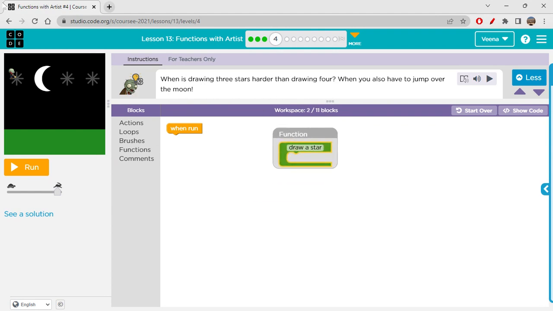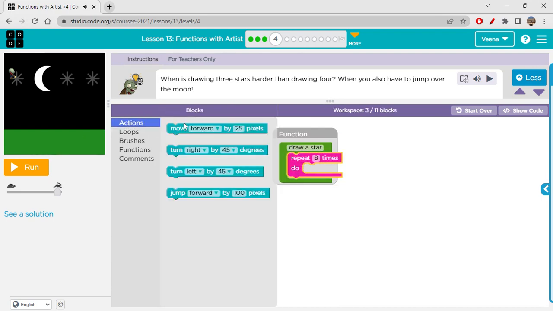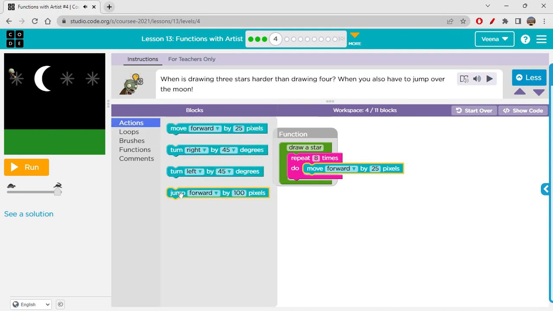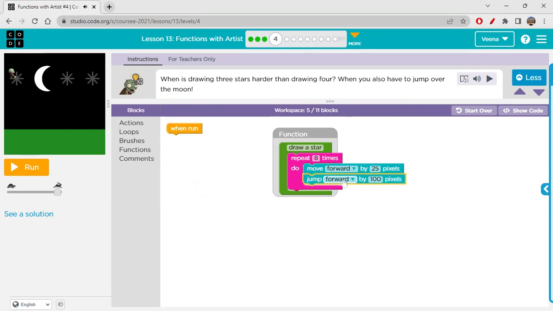So we just have to do the same thing. Let's loop it first. We know what the code is, right? Move forward by 25 pixels, jump backward by 25 pixels, then turn right by 45 degrees. This is drawing 1 star, right?